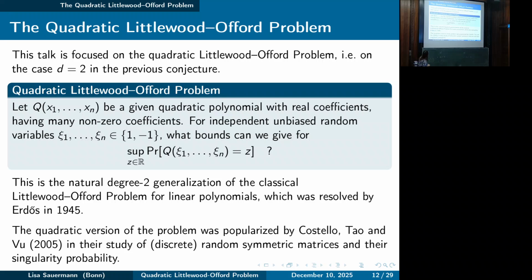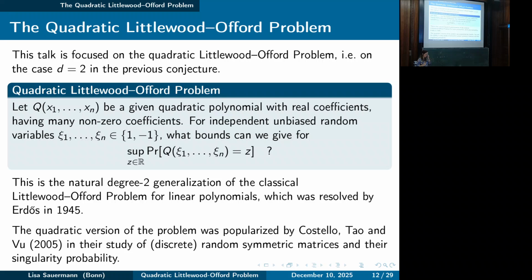But for the quadratic case, despite this being a long time ago, and despite a lot of research specifically on the quadratic case, until recently there was not much progress beyond the general bound of Nguyen and Vu. Maybe let me also mention that this quadratic version was in particular popularized by Costello, Tao, and Vu in their study of discrete random symmetric matrices and their singularity probability.